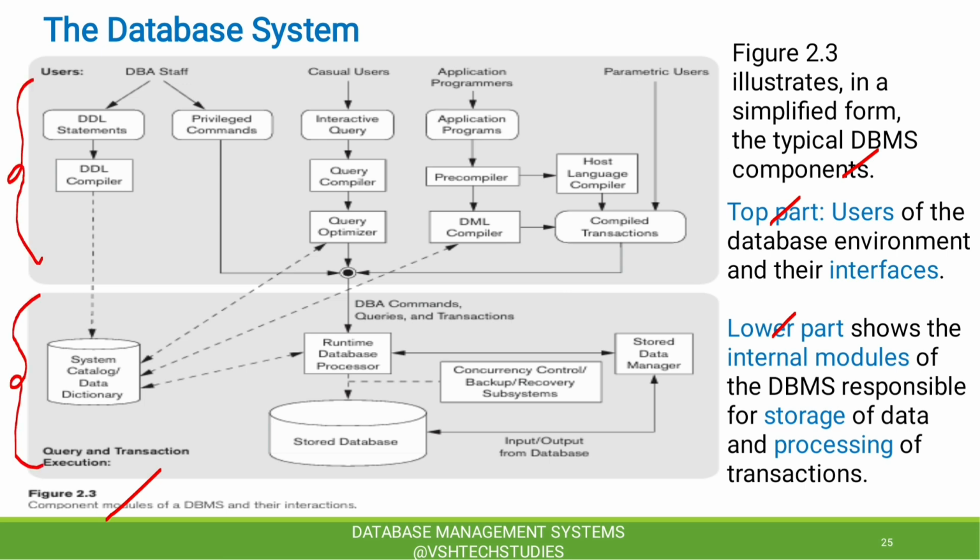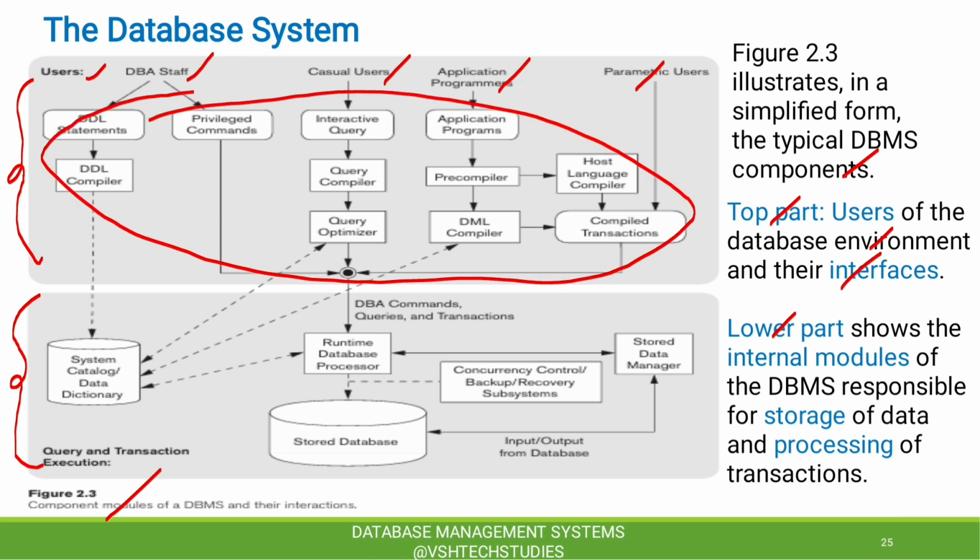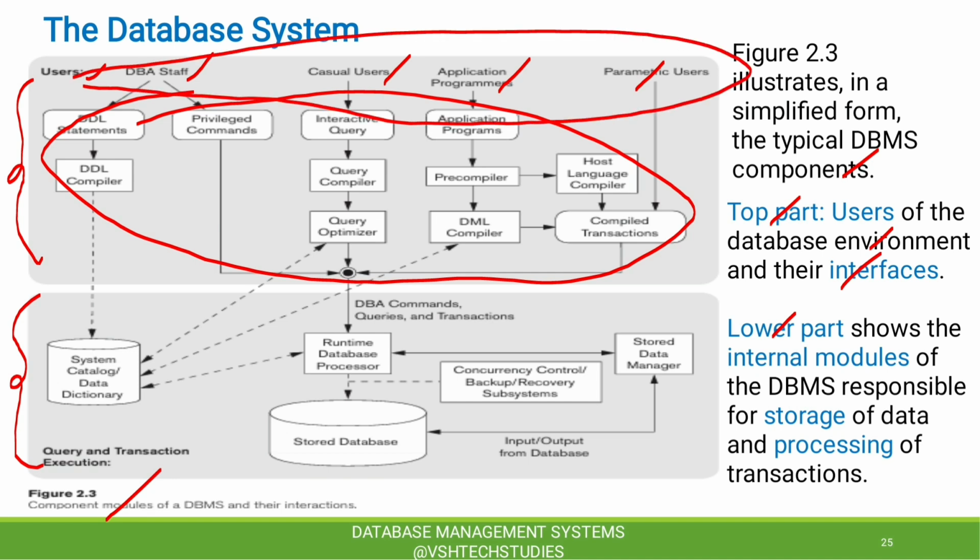In the top part, users of the database environment and their interfaces are shown. So here the user section has DBA staff, casual users, application programmers, and parametric users. This part is interfaces and this part is users.